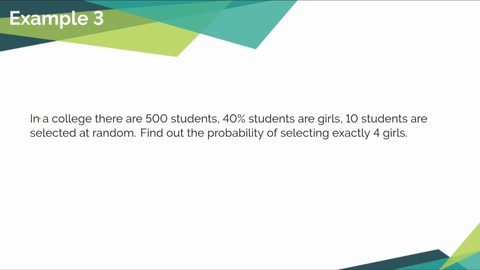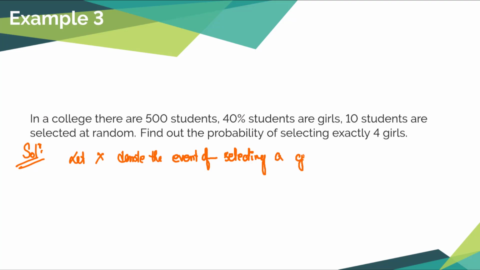So here X, which is normally used in the binomial distribution to represent the event of a success, is selecting a girl, right? So for the solution, let X denote the event of selecting a girl student, right?